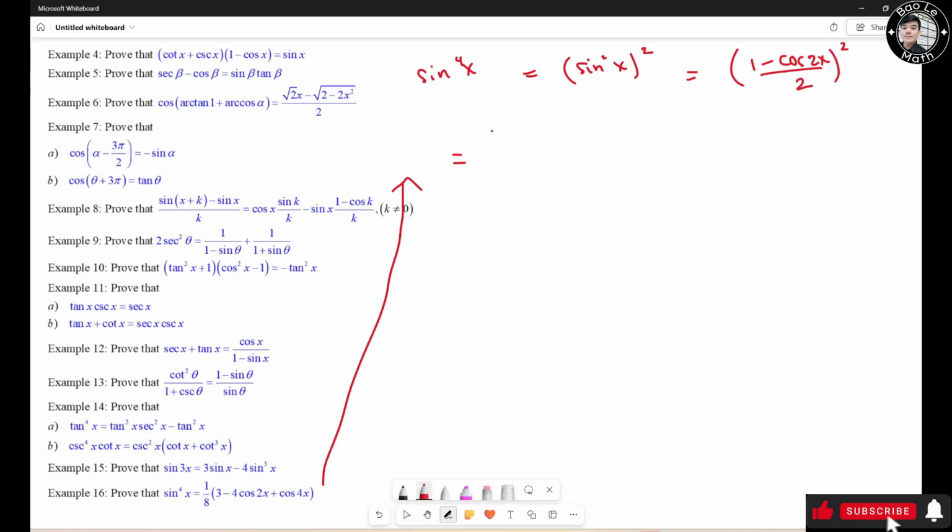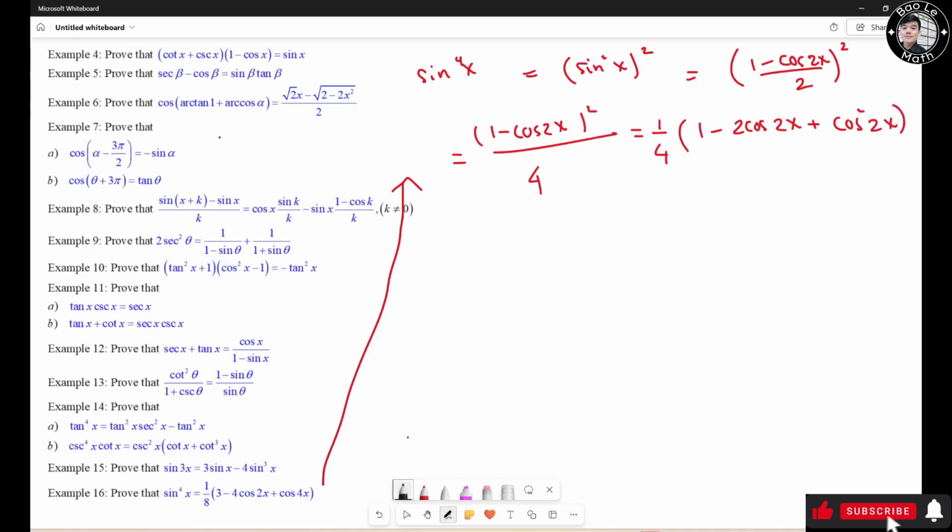This guy turned out to be 1 minus cosine of 2s all together squared over 4. So I can rewrite 1 over 4 times. I use the complete square formula to expand this one. So it could be 1 minus 2 cosine of 2s plus cosine square of 2s.